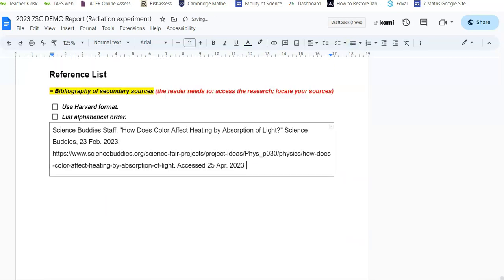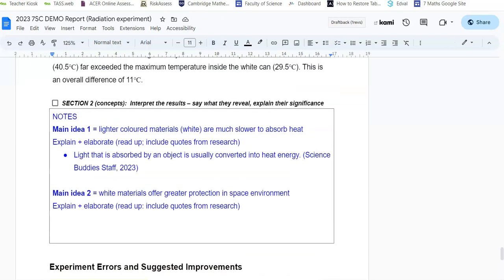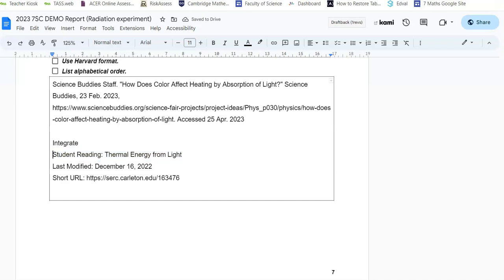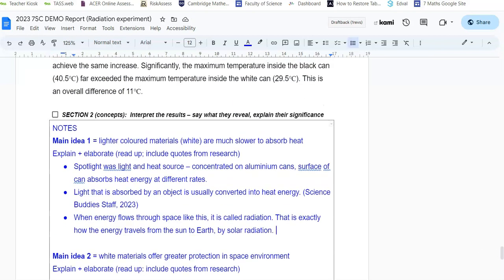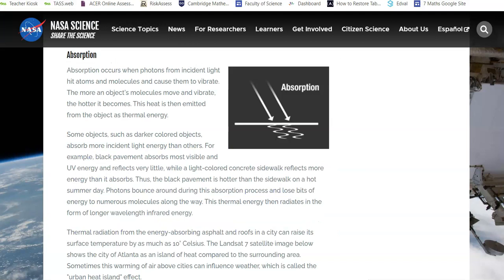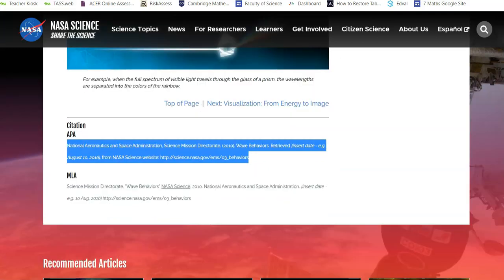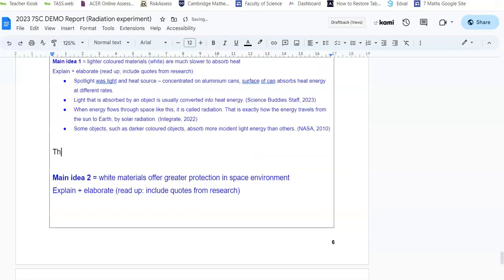So I skip down and paste the full reference into my reference list so I don't lose it as I work. There was a second source that I used. There's some other information from an author called Integrate, and I also used some information from NASA. With all of my notes pasted, I'm ready to write my work.